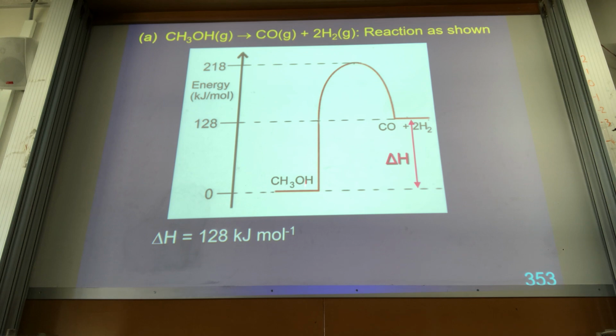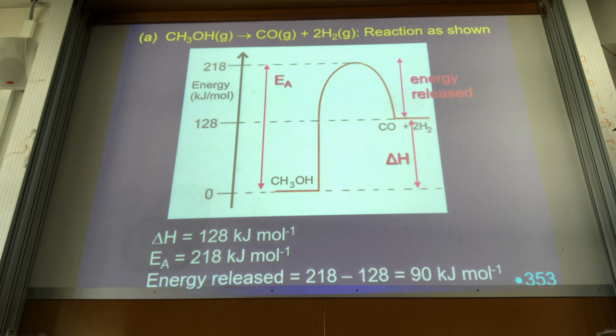Activation energy, the height of the initial hill, from 0 to 218, it's 218 kilojoules per mole. How much energy was released when the new bonds form? 218 minus 128, that's easy, 90 kilojoules per mole. So these things are really easy to get off an energy profile diagram.